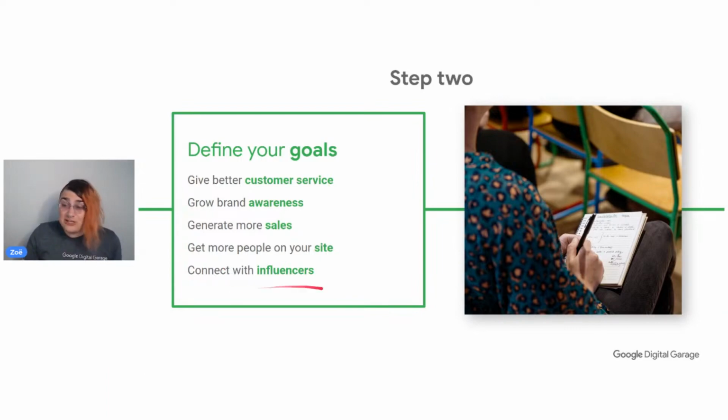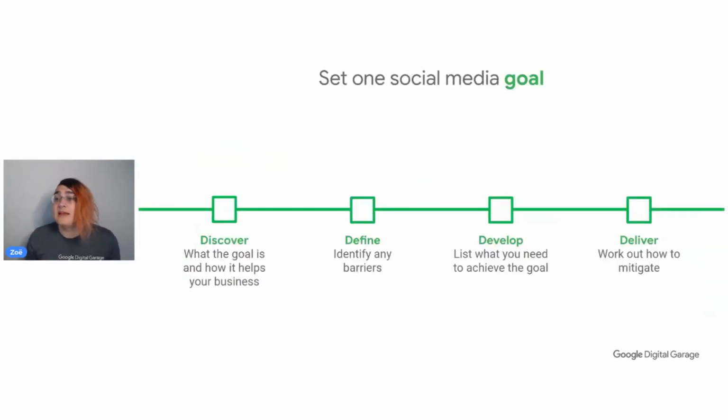Again, maybe we just don't have enough reviews. Maybe we've not got enough trusted reviews from people who will influence our audience. In that case, we need to connect with more influencers. So you can see the way that we get sales is through these other goals. So work out what you're not doing, work out where your weak points are, and then you can do your best to shore those up.